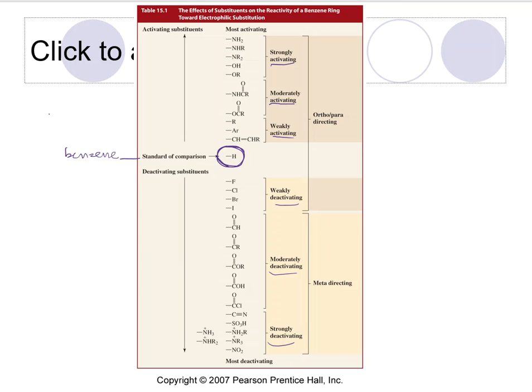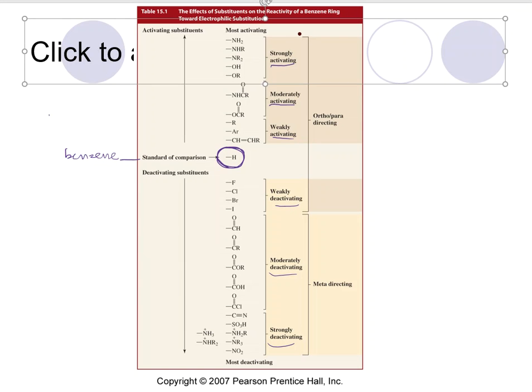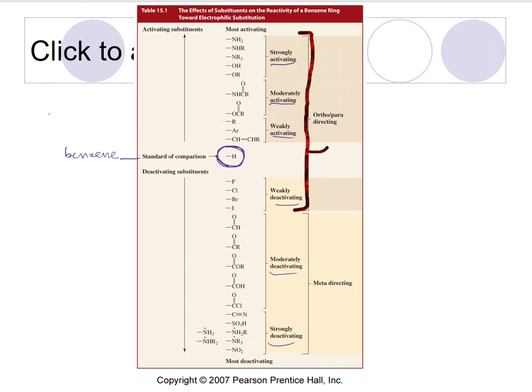And in that other column, you're going to see what we call a director. Okay. A director basically means that your strongly activating group and your moderately activating group and your weakly activating group and even your weak deactivators, all of that grouping right in there, will direct that incoming piece to an ortho or para position. OP.